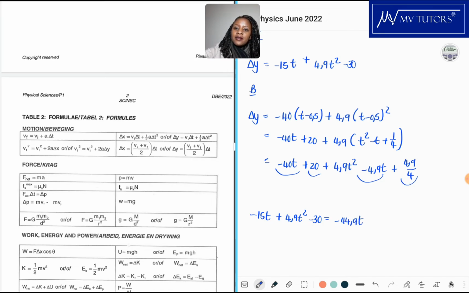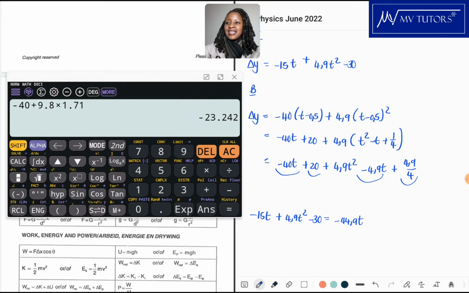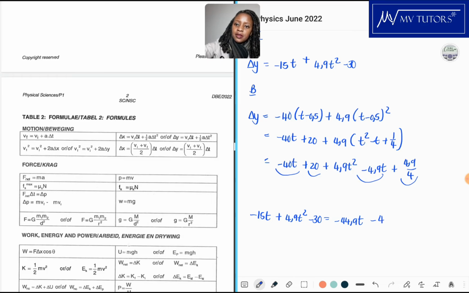20 plus 4,9 over 4. Okay, now I need to work it out. I can't delay any longer. So I have negative 40 minus 4,9 over 4, and that's negative 41,225.